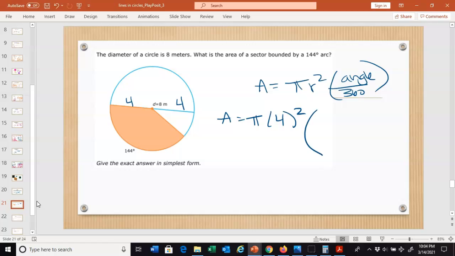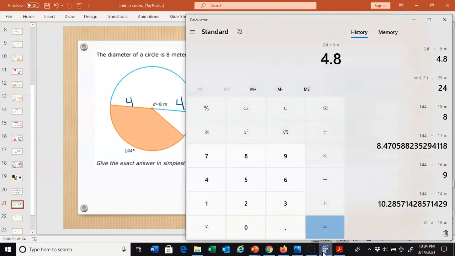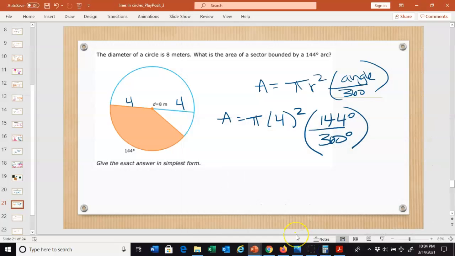Now the angle measure they're asking us is 144 degrees over the entire circle of 360. Now we just have to do this math, and definitely want to use your calculator for this. Your Desmos calculator likely. I don't think my computer calculator has pi, but we can just use 3.14 as well.